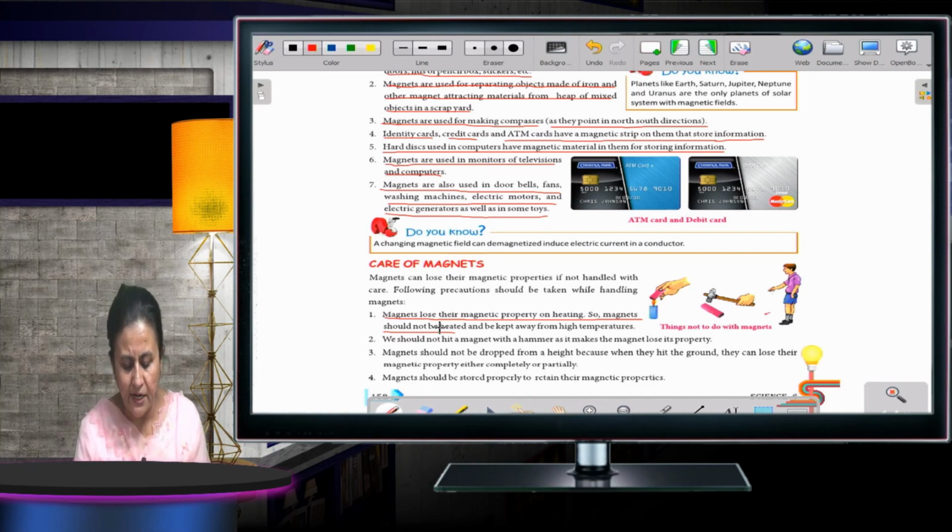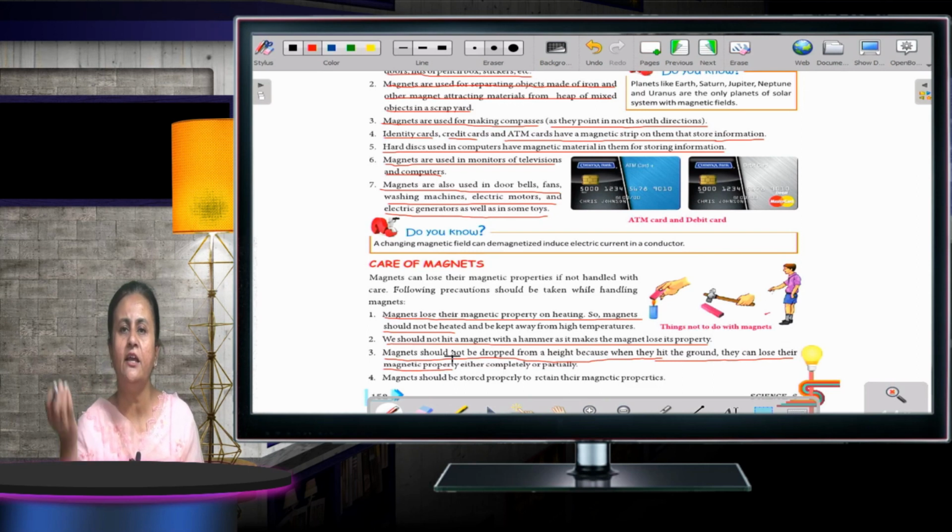Now, second is we should not hit a magnet with a hammer as it makes the magnet lose its property. First was heating, second is we should not hit it. In case we hit it, again it is going to lose all its magnetic property. Third is magnets should not be dropped from a height because when they hit the ground they can lose their magnetic property.